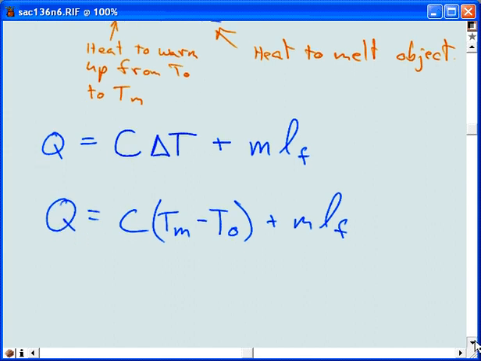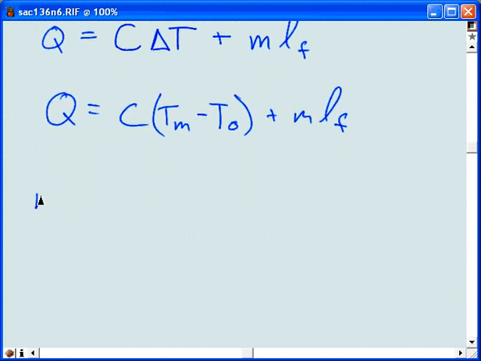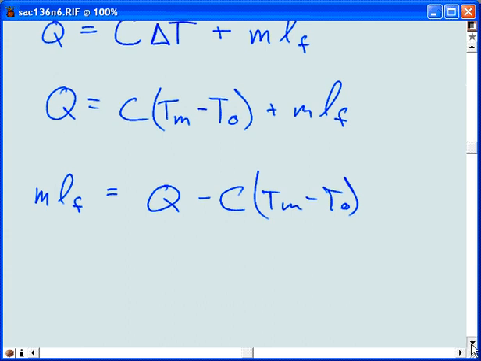And at this stage it's just algebra. I'm just going to solve for L_F. I think I'll subtract this piece from both sides and switch sides. So my right side would be M L_F, but switch that over to the left, and the left side would have been, without the switch, Q minus M C times Tm minus T0.